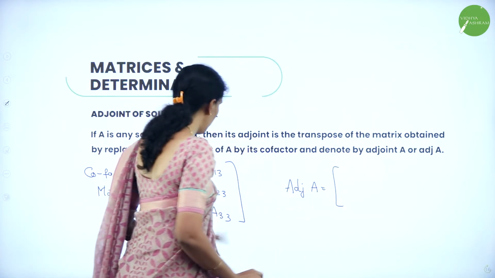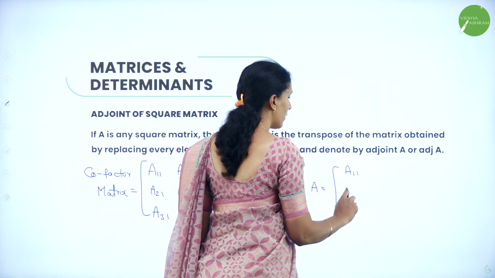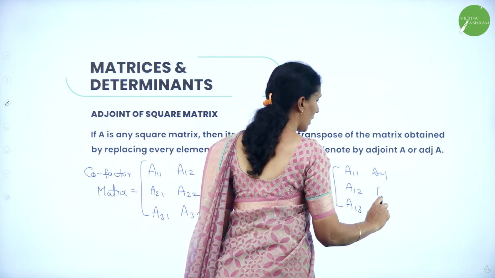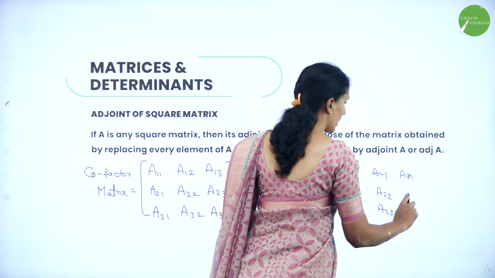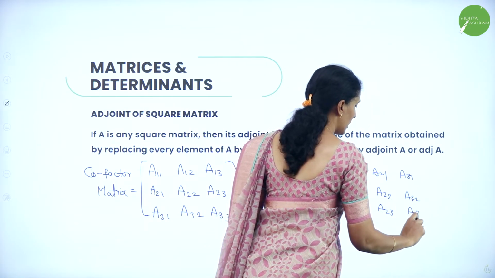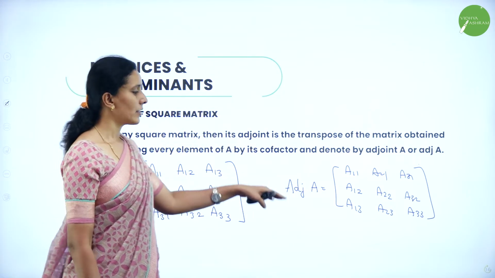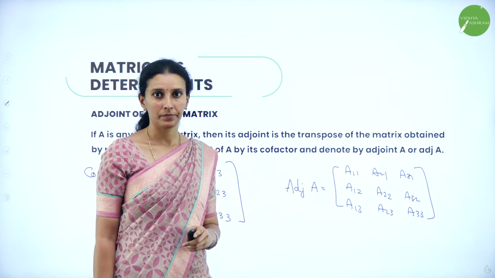If you transpose, the rows come to columns, that is A11, A12, A13, A21, A22, A23, A31, A32, A33. The elements of rows and columns interchange. That is called the adjoint of the given matrix.